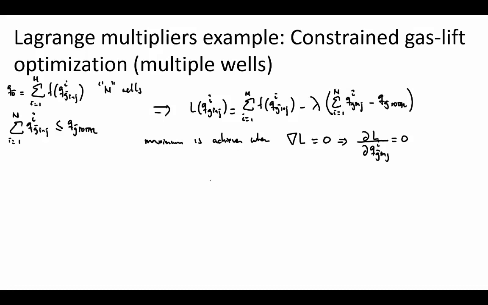So then if we derive this with respect to the I component, and here all the other components that are not I, you see that all of them are going to be 0, and also the same thing here.